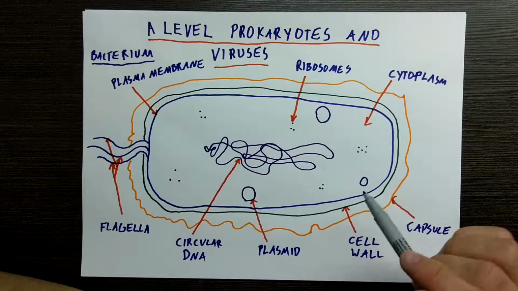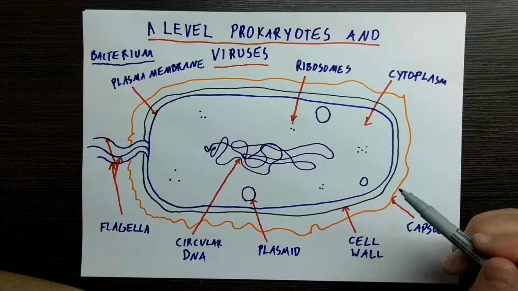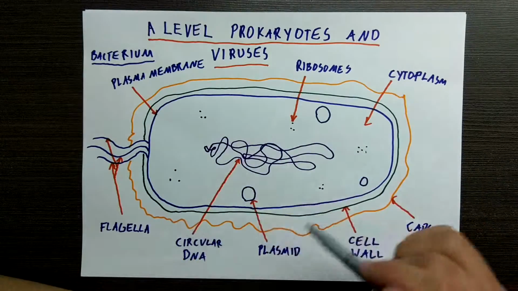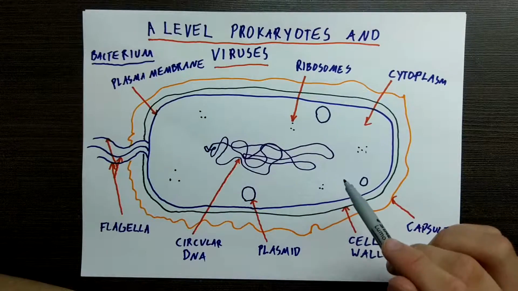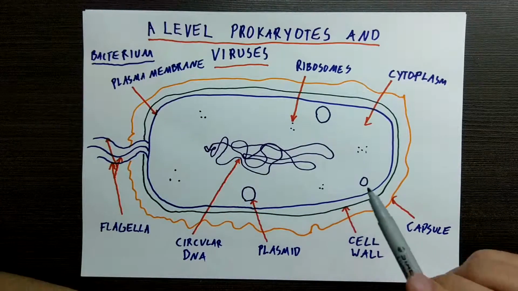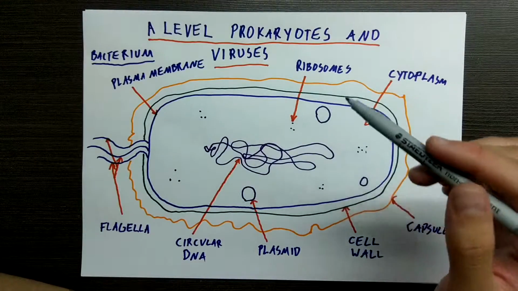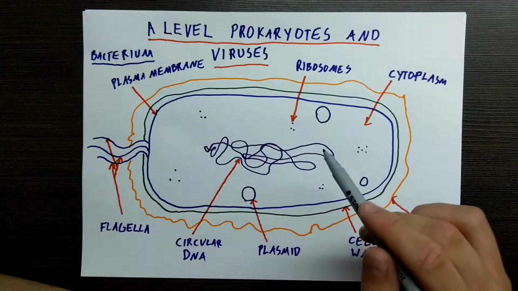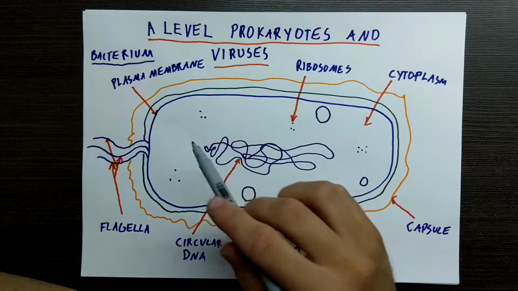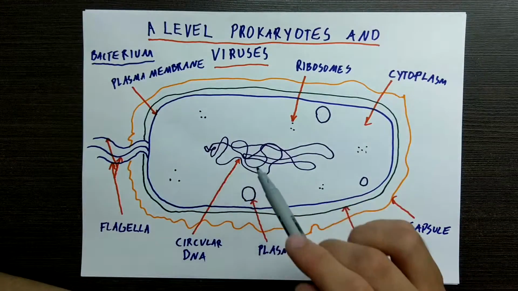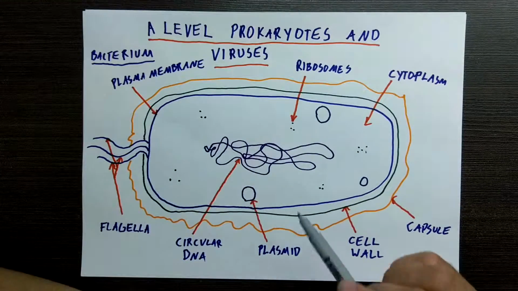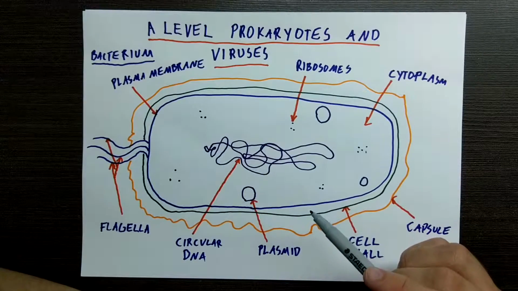And again, the plasma membrane's function is to keep all the things that are supposed to stay inside the bacteria, all these organelles, inside, and to keep everything else outside. Also, the plasma membrane controls what gets in from outside and what gets out from inside. So it's very similar to eukaryotes. That's the function of the plasma membrane.